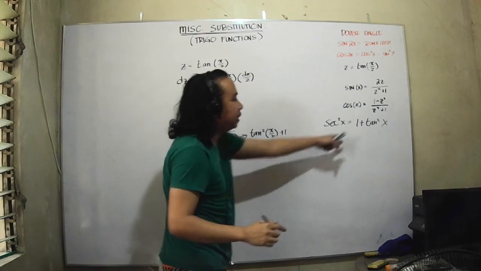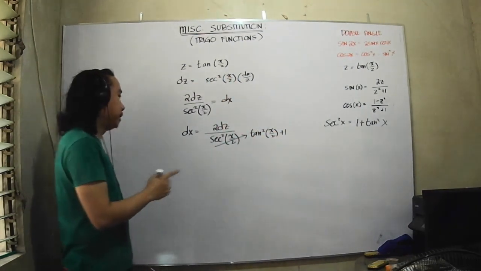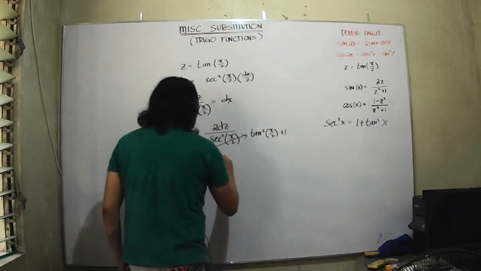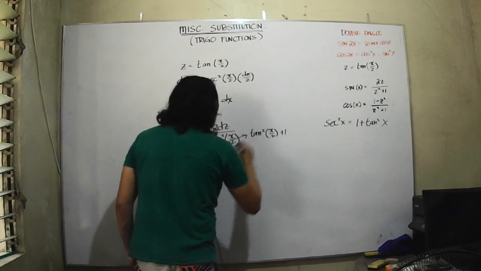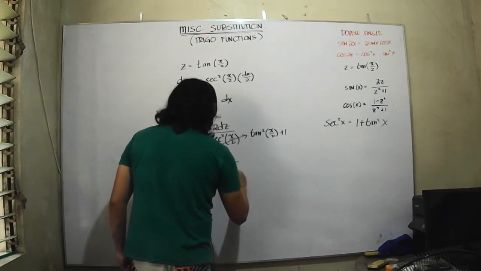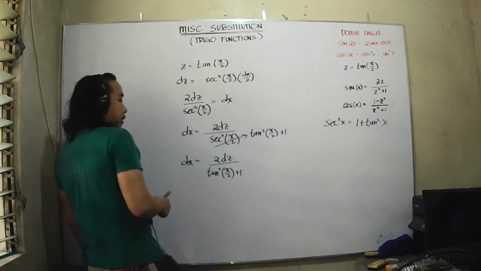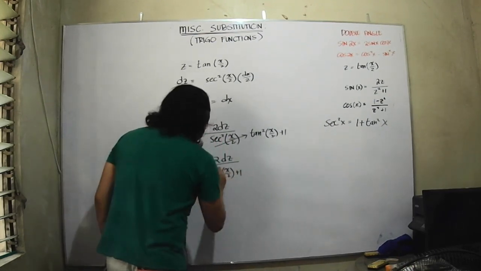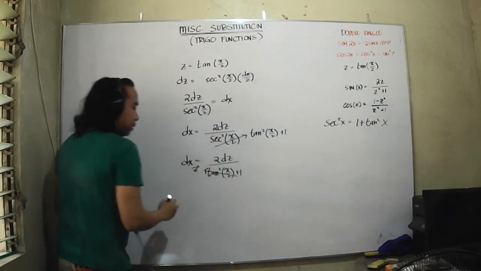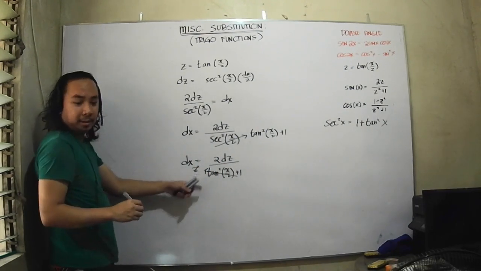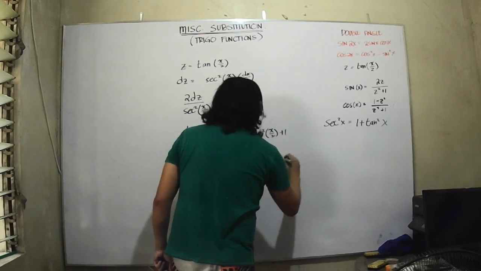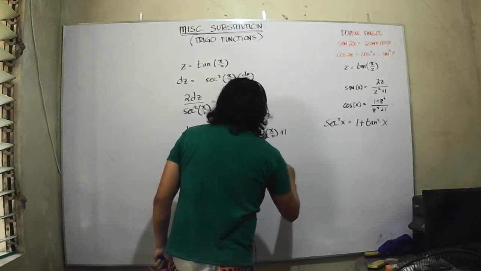They can be interchanged; that's basically the same meaning. Now I will rewrite this. I will have 2 dz divided by tangent squared x over 2 plus 1. Tangent squared x over 2 plus 1 is equal to z squared plus 1. So I replace it here. This becomes 2 dz over z squared plus 1.